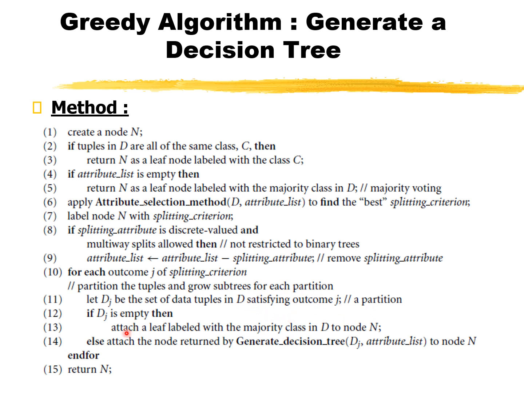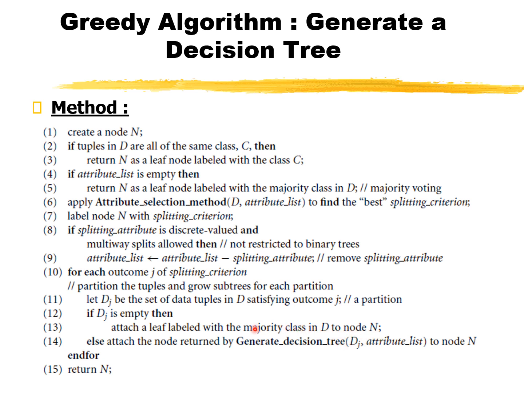In this case, if DJ is empty, which means that we do not have any data tuples that satisfy the criterion from the partition that we identified, then we will attach a leaf labeled with the majority class in D to node N.